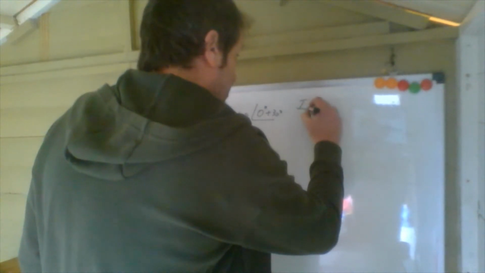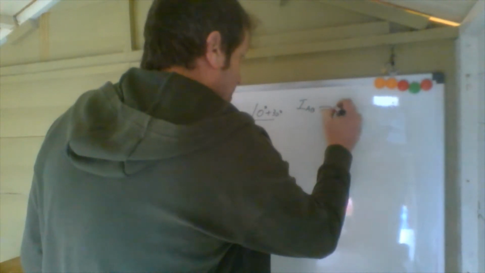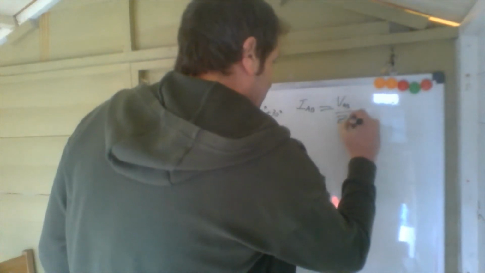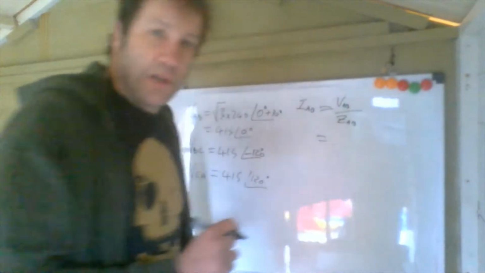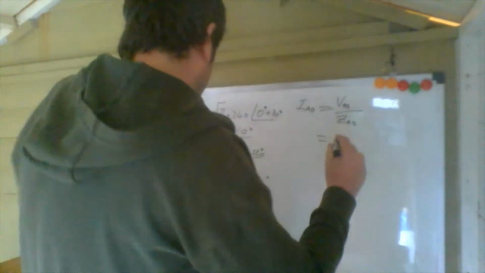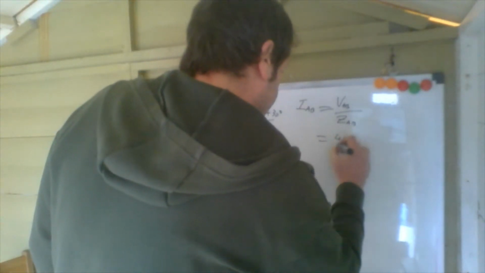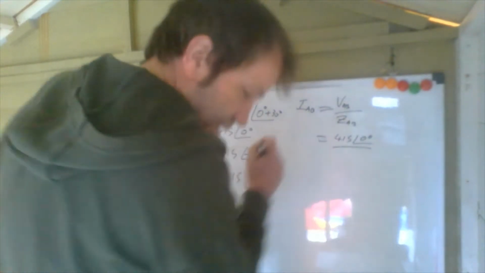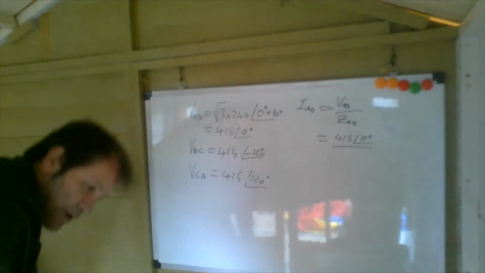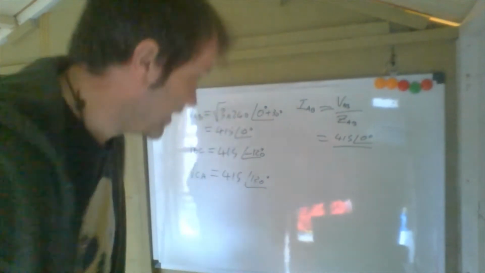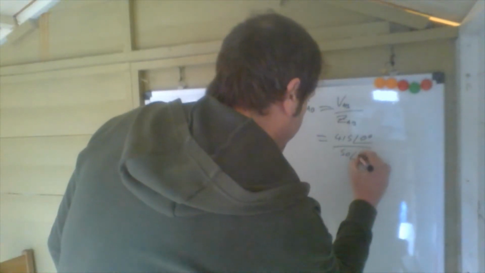Right, so let's work out the current going through AB. That is going to equal VAB over ZAB. You see that, right? So that's 415 at 0 degrees divided by ZAB, which was 50 at 30 degrees.